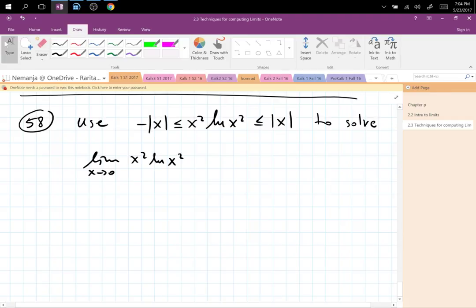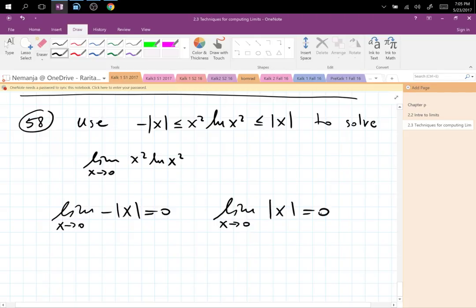So the answer is 0? Every answer is 0, right? Easy. Unless I make it something like 3. But yeah, the limit as x goes to 0 of negative x squared is 0, which is the left bound.